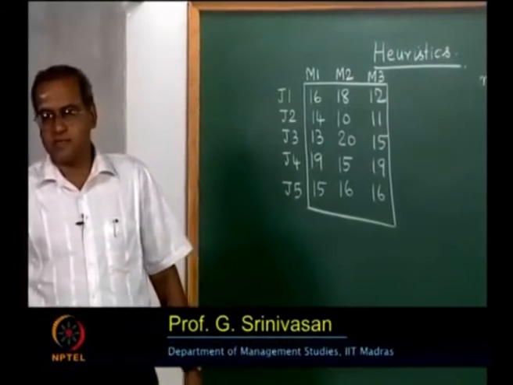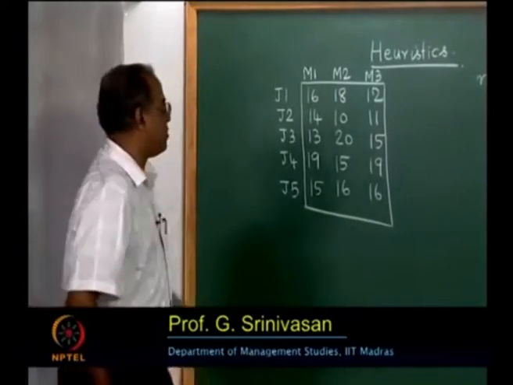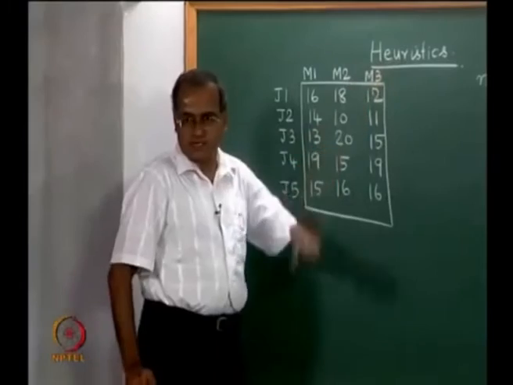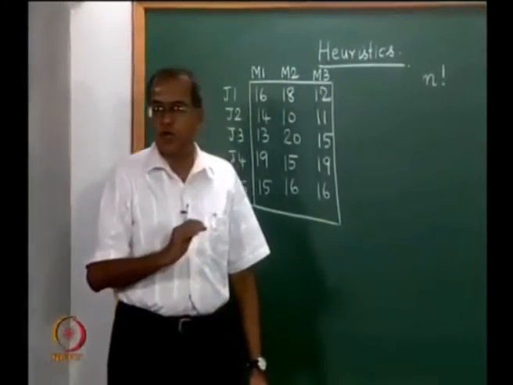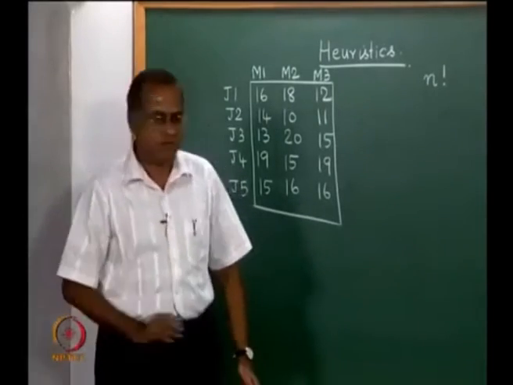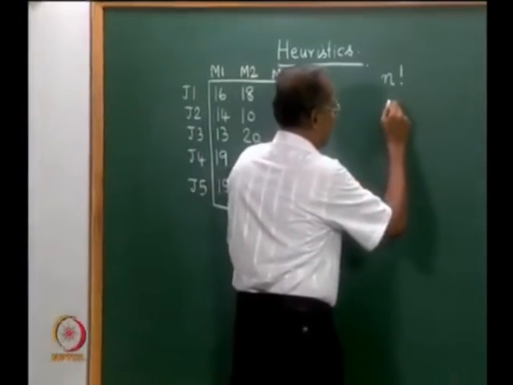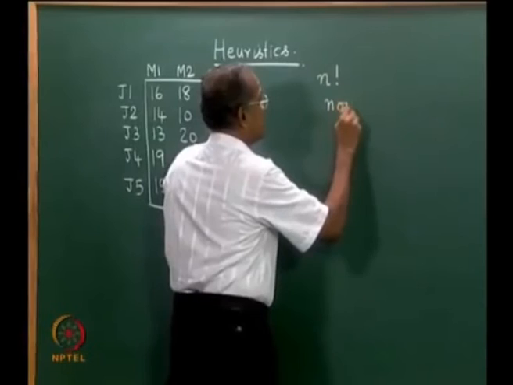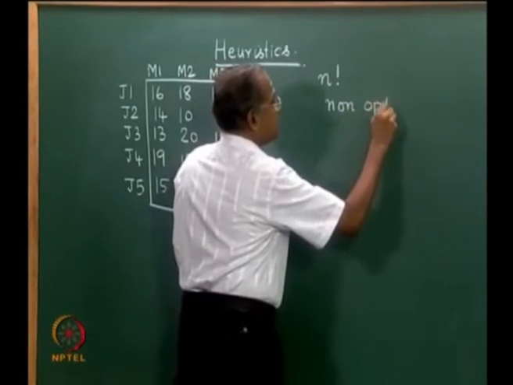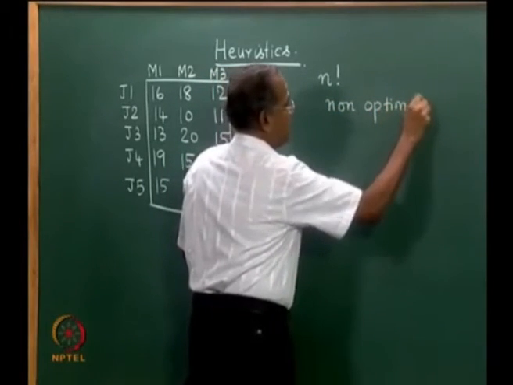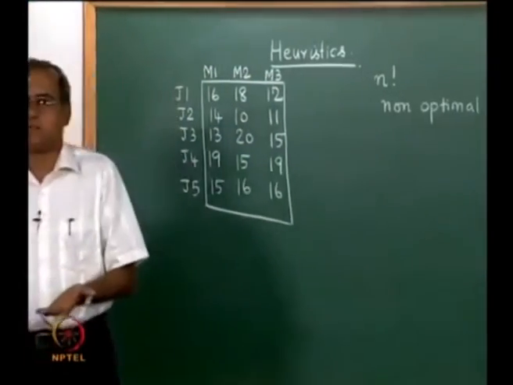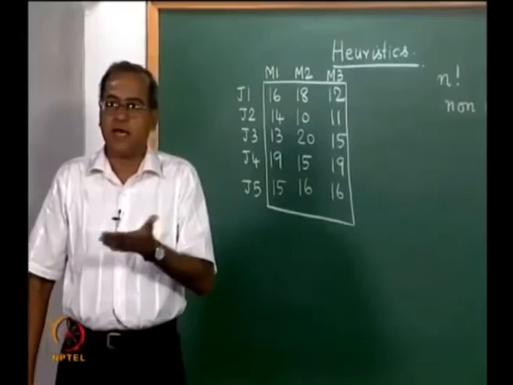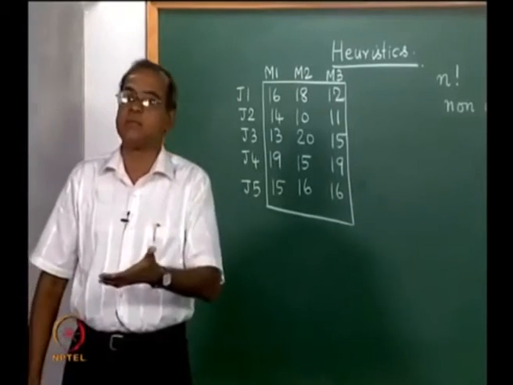So in such cases, it is customary to resort to what are called heuristics or heuristic solutions, which do not guarantee optimum. In that sense they can be termed non-optimal methods, but for certain instances the heuristic solutions can be the optimum solutions themselves.